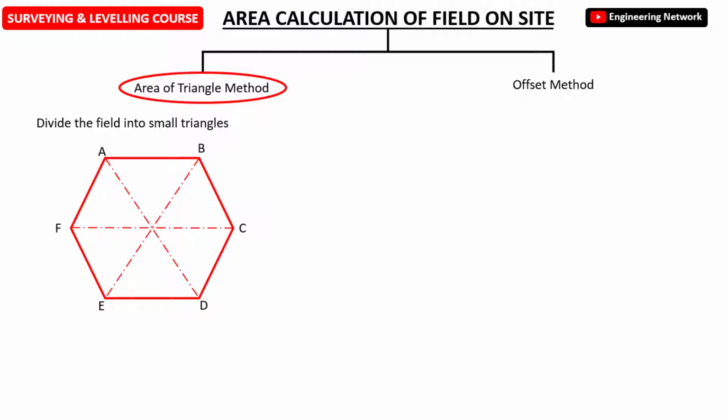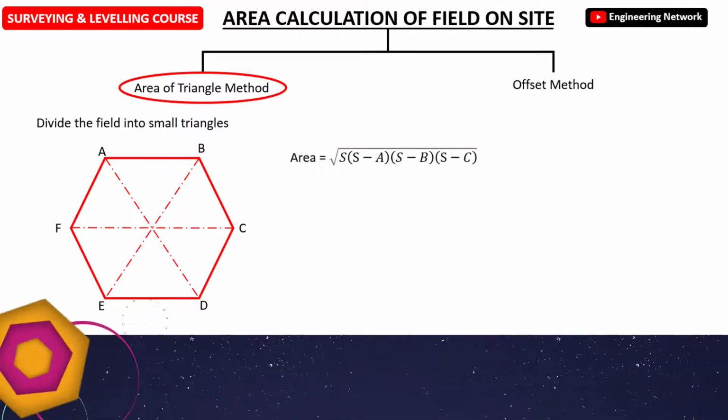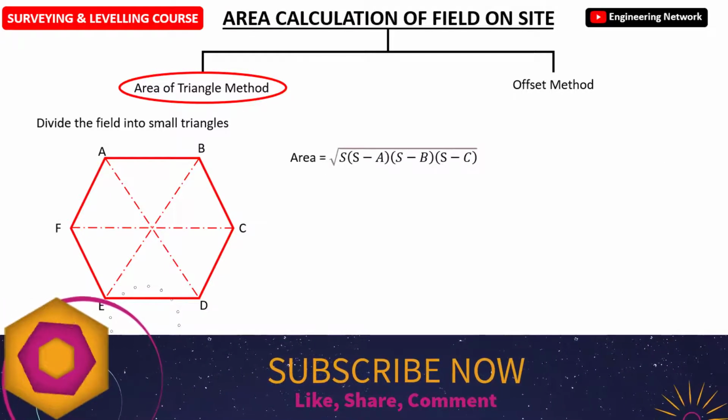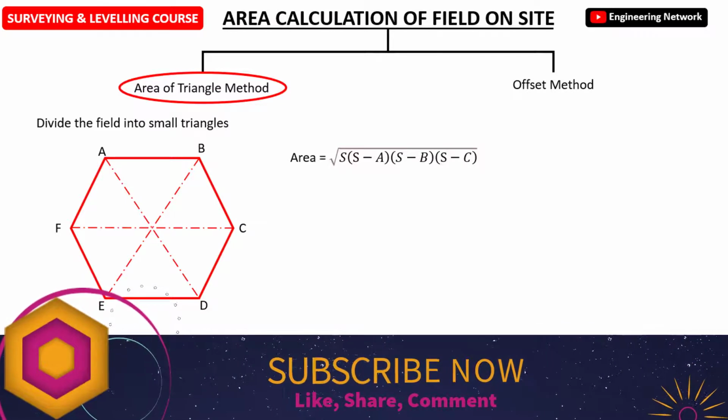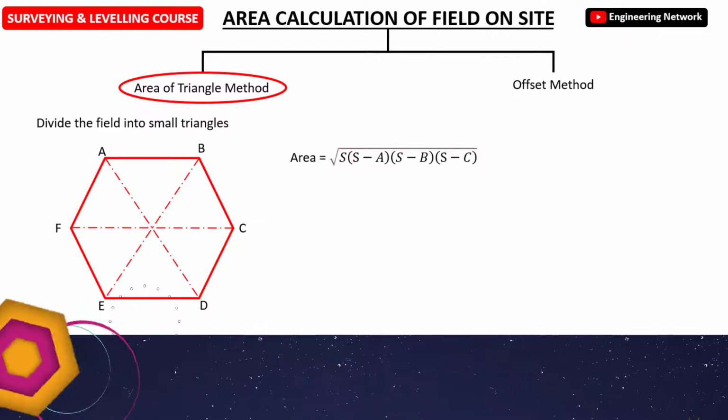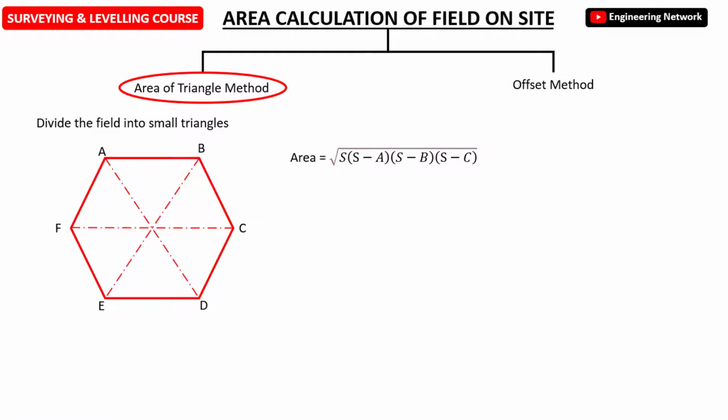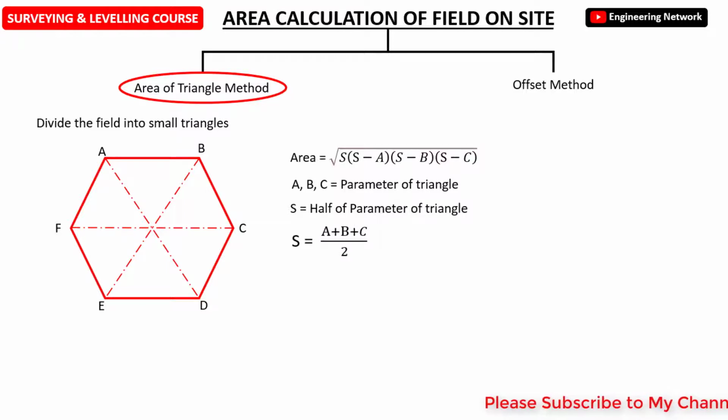After that, I will use a simple formula, which is also called Heron's formula. The formula is: area is equal to the square root of S into (S minus A) into (S minus B) into (S minus C), where A, B and C are the sides of the triangle and S is the half perimeter, which is S equals (A plus B plus C) divided by 2.